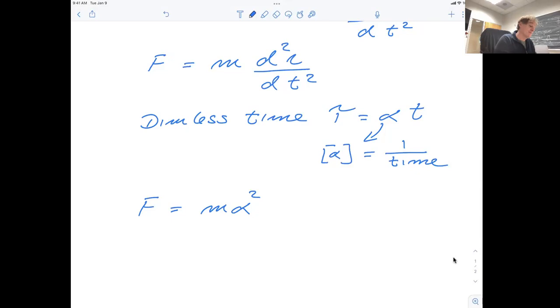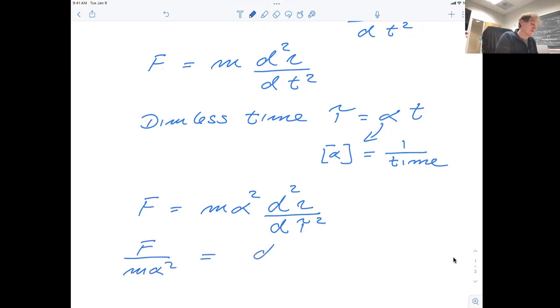So what we end up with is an equation where we have the second derivative of the position r with respect to this dimensionless time. Now, what's normally done is that we would try to get rid of these constants by dividing both sides. And then we have a right-hand side, which now contains this dimensionless time.